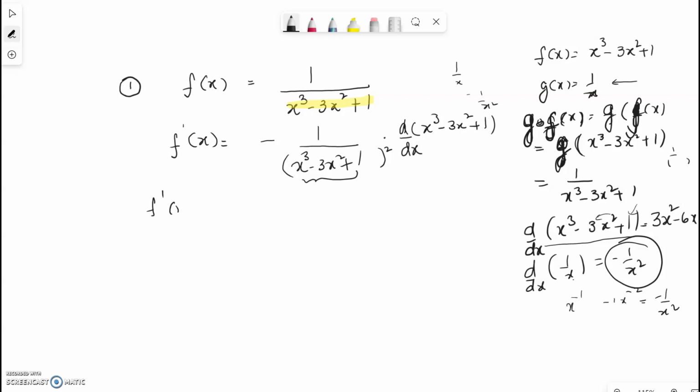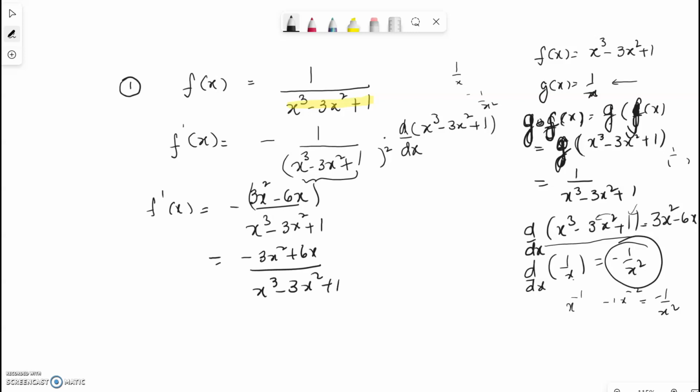So we have f prime of x is equal to negative 1 over x cubed minus 3x squared plus 1 times, and I'm going to write the function here, 3x squared, sorry, that's a minus, 6x, and that's equal to negative 3x squared plus 6x divided by x cubed minus 3x squared plus 1.